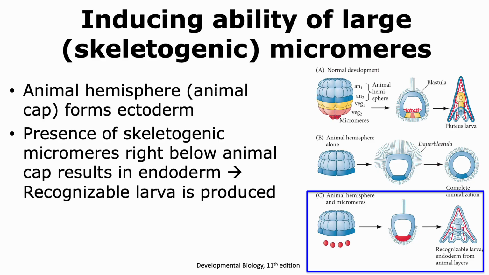And what you end up with is we actually see a structure that resembles a larva. And thus the micromeres can induce their neighboring cells to form endodermal fates.